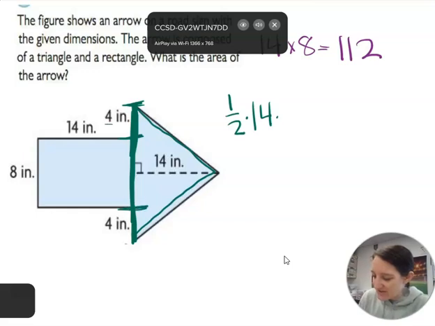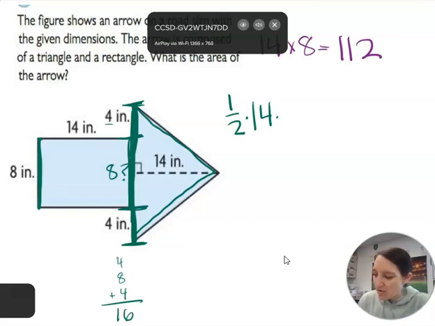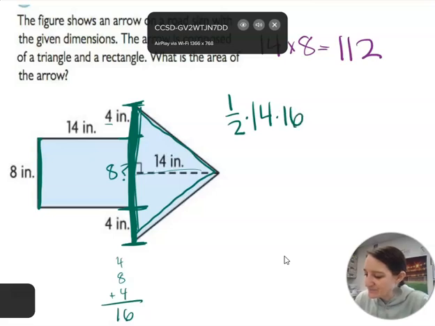And then from here to here, it's another 4. But what is this right there? If I look, this matches up with that. So that would be 8. So for our base, we have 4 plus 8 plus 4, which would be 16, wouldn't it? So that whole base is 14, and that height is 16.